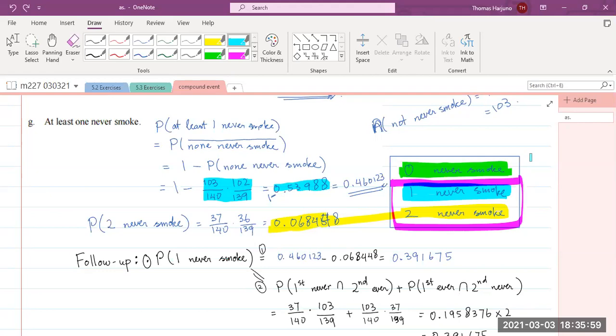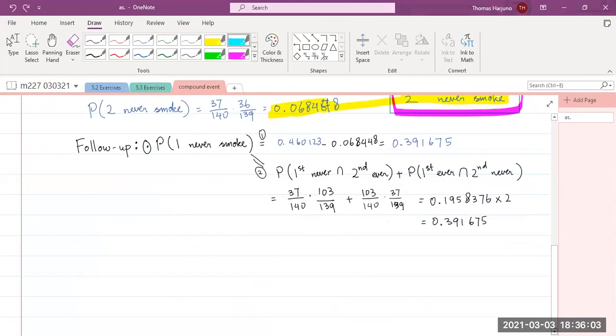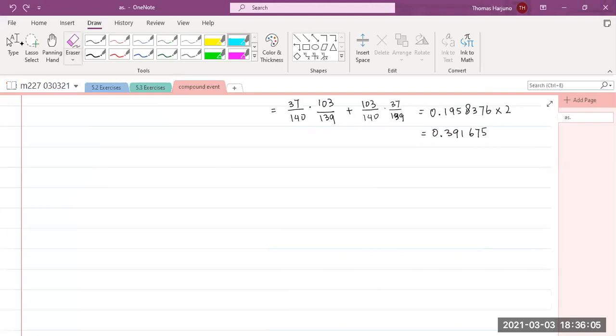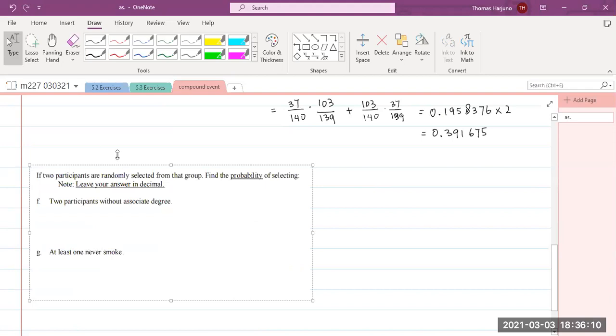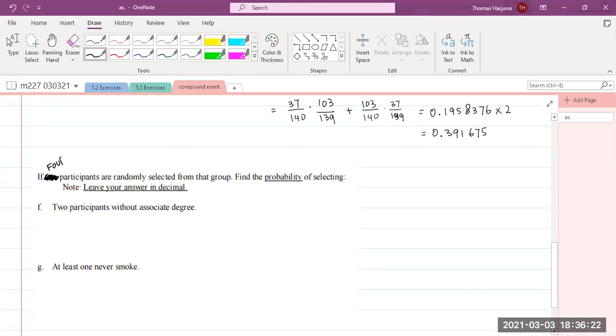Suppose I change the question now. Instead of 2 participants, I deal with, let's say, 4 participants. Change the question, but instead of two, make it 4. 4 participants randomly selected from that group.